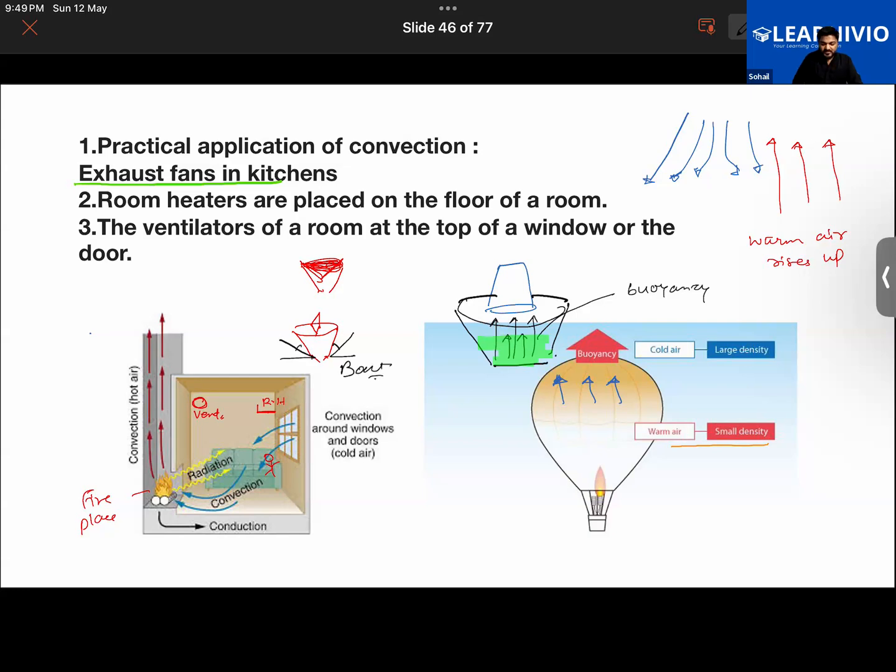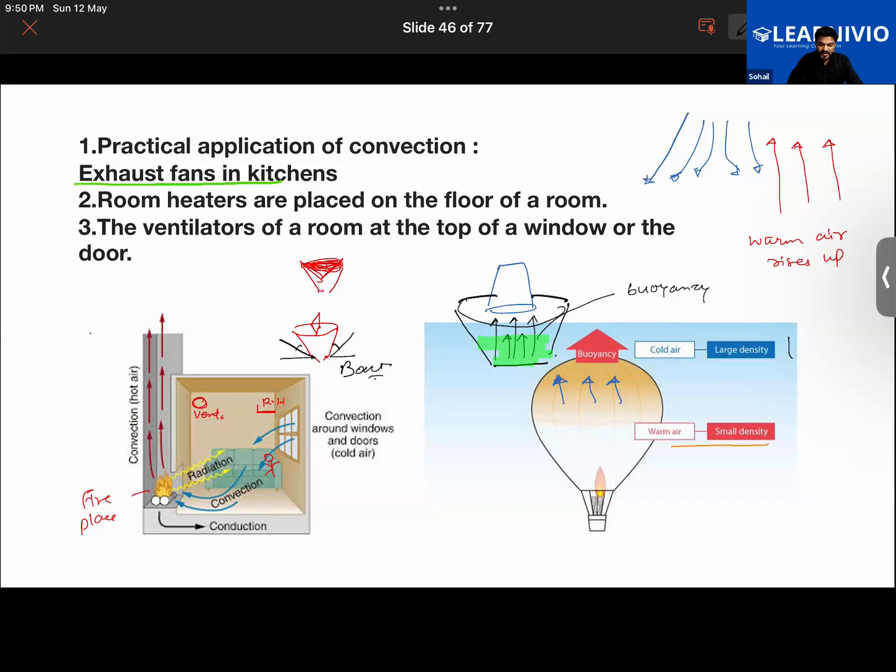In a similar manner, an upward force is exerted by the warm air on the cloth of the hot air balloon. That is called the force of buoyancy, and it acts opposite to the resisting force by the cold air. Normally when you go higher up, the air is cold, and cold air has a large density.